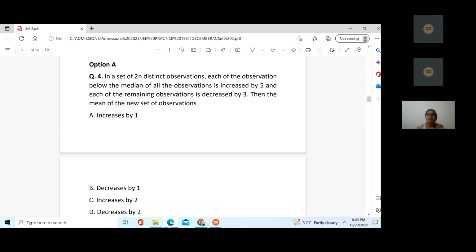Once I have the median, which values do I need to increase by 5, and which values do I need to decrease by 3? Then how do I find the mean of the new set? This is something that has to be in your mind when you read this question. And they are not asking for any exact value as an answer. They just want to understand whether it will increase or decrease, and by what value, whether it's 1 or 2.